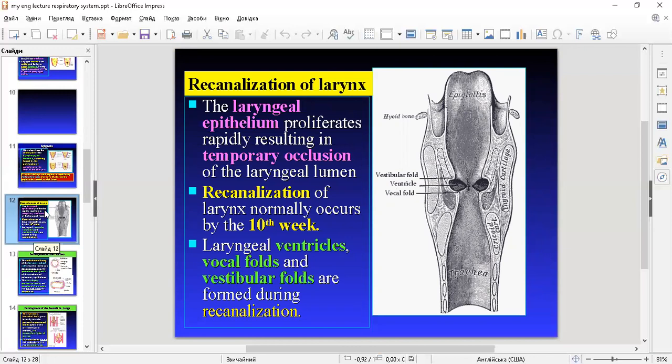Recanalization of larynx normally occurs by the 10th week. Laryngeal ventricles, vocal folds, and vestibular folds are formed during recanalization.